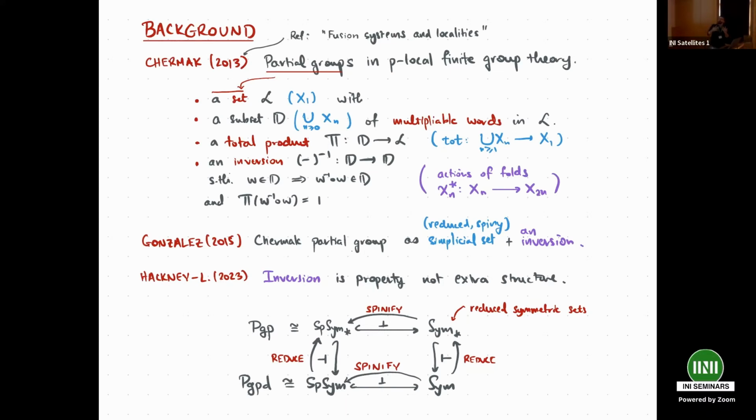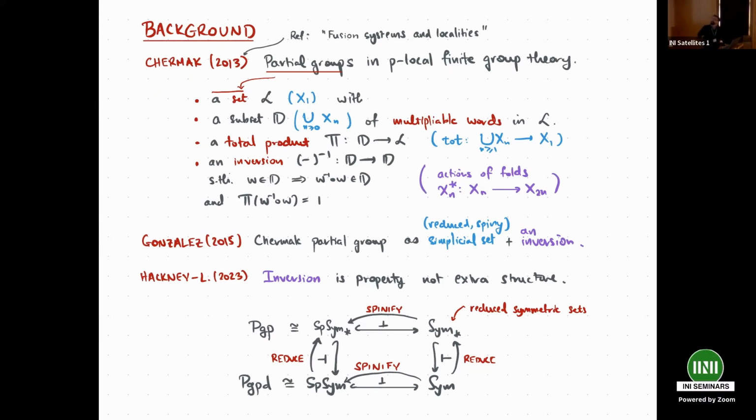In fact, they contain more information. But according to Chermak, a partial group is a set together with a subset of the free monoid on that set of multipliable words. So you're only allowed to multiply certain words. And if you're given a multipliable word, you have a product map that returns its total composition or total product.